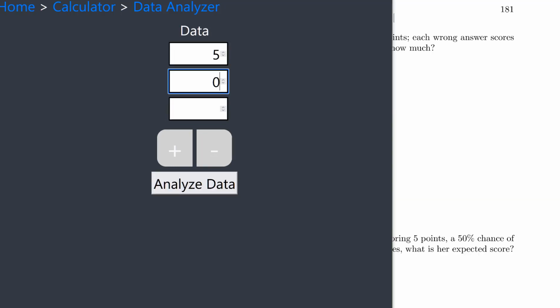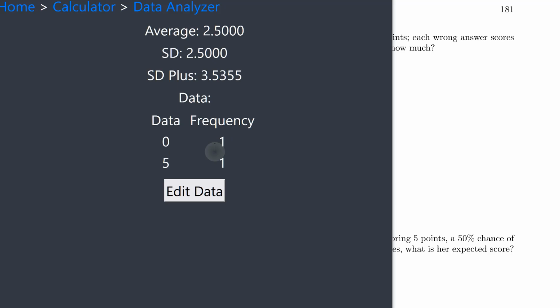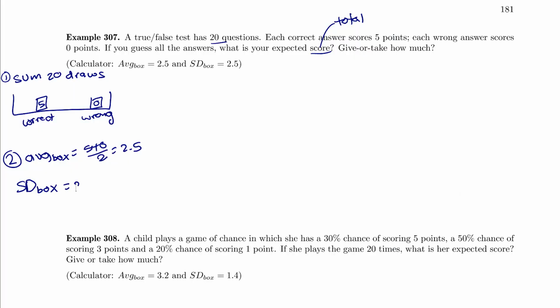I put in 5, enter, 0, enter, remove that last row, analyze my data, and my SD is 2.5. I always hate the questions where you get the same answer for the average and SD, but that's okay. And step 3 is find the expected value of the sum. So that's just going to be the number of draws times the average of the box.